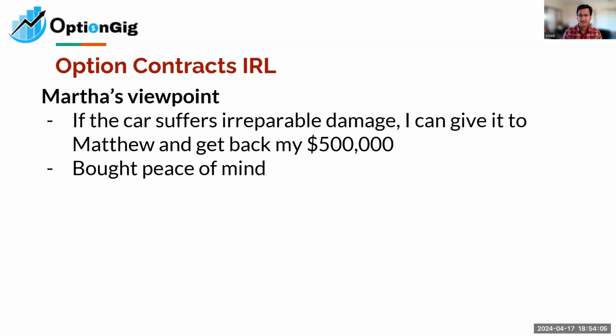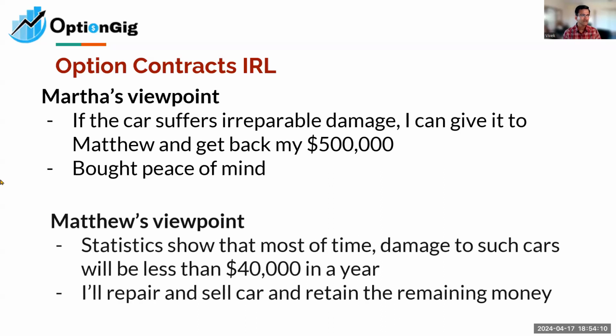If that's the case, why would Matthew want to sell it? Matthew's viewpoint is the insurance company's viewpoint. They have actuarial tables. They have statisticians working for them and looking at all the data. And they know that for a car in this zip code with certain owner characteristics, the damage is less than $40,000.